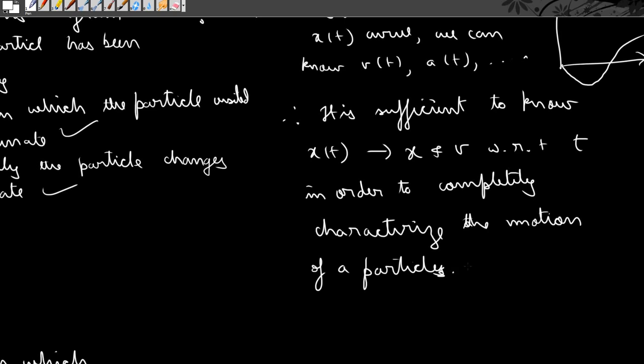Okay, so what is the conclusion? The conclusion is that it is enough to know the position and the velocities with respect to time, of course, in order to completely characterize the motion of a particle.